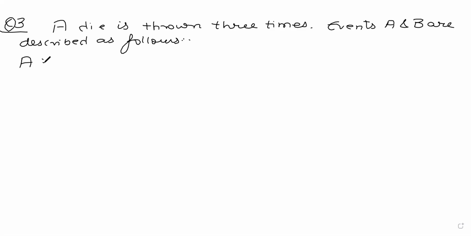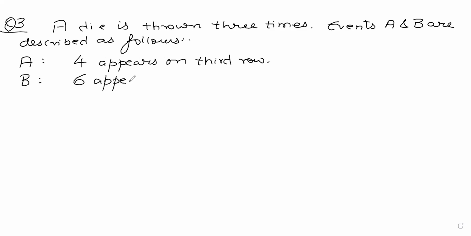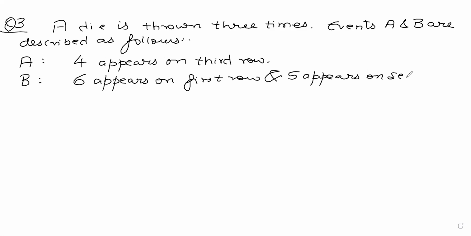Event A is 4 appears on the third row. Event B is 6 appears on the first row and 5 appears on the second row. Find the probability of A given that B has occurred.